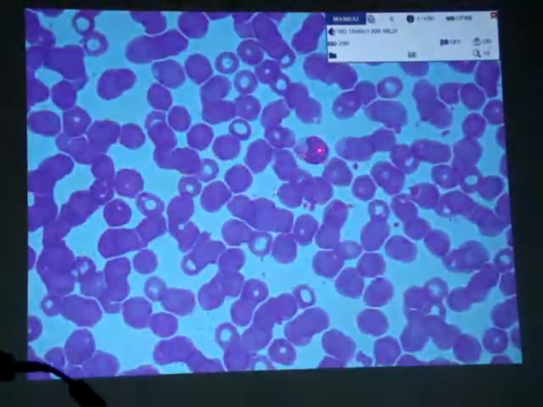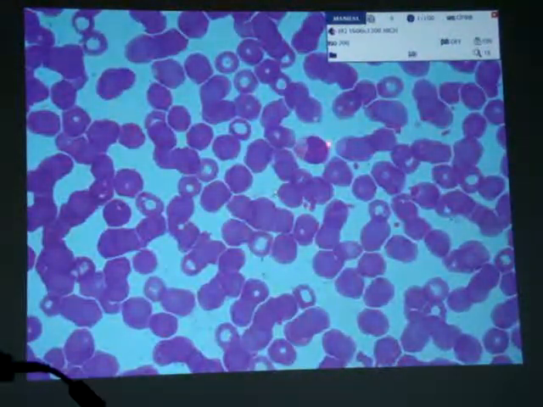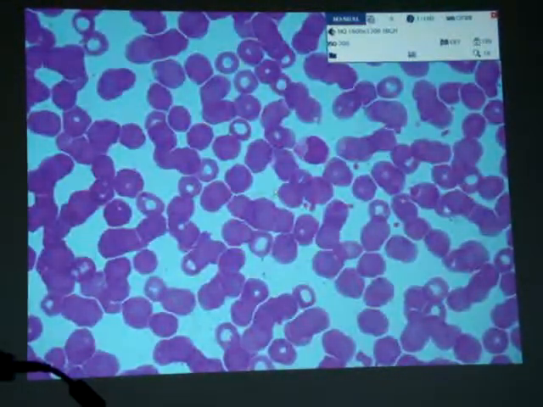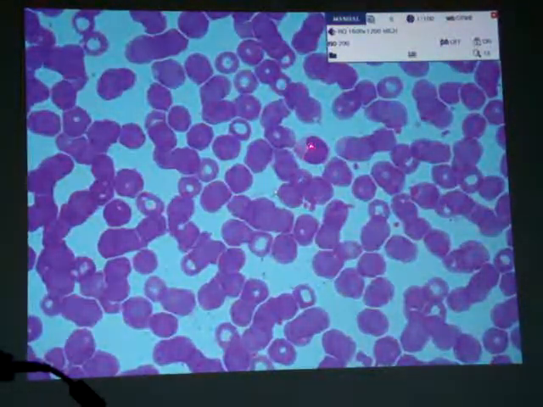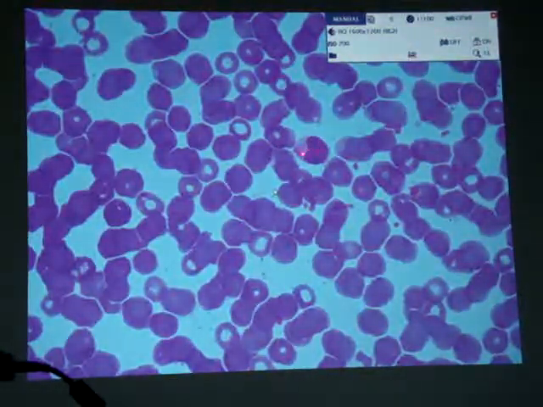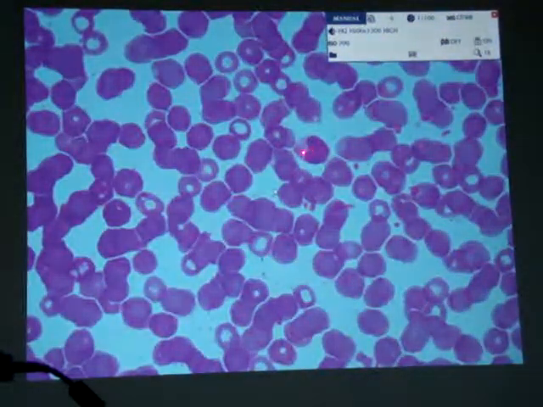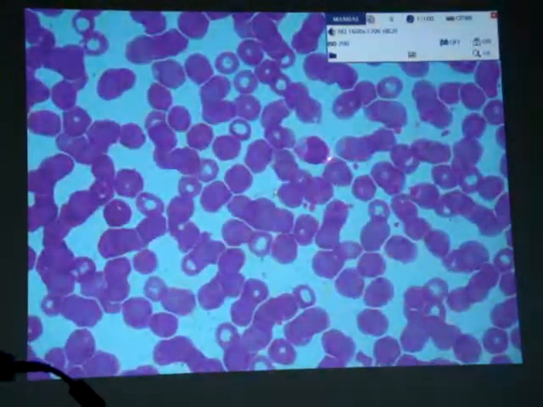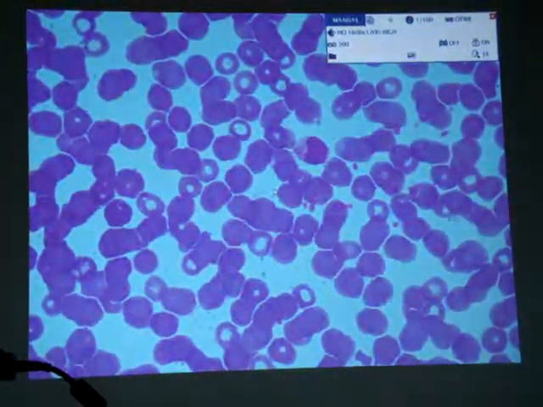Another type of white blood cell. Is it displaying a round nucleus? No, there is an indentation on one side of the nucleus. That is the characteristic shape of the nucleus of what type of leukocyte? The monocyte.